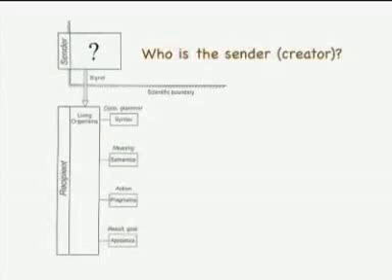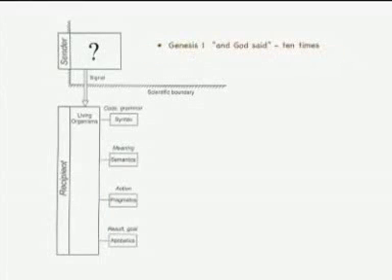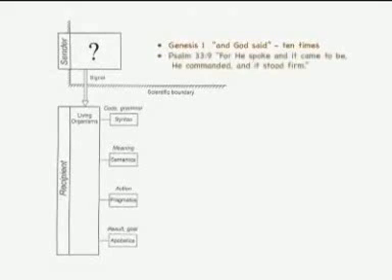The Bible tells us in Genesis 1, 10 times, and God said. And in Psalm 33 we read, for he spoke, and it came to be, he commanded, and it stood firm. The sender, God, can do it in a very short time.